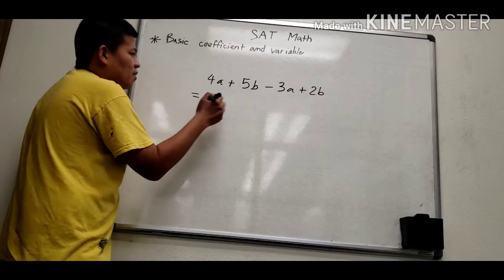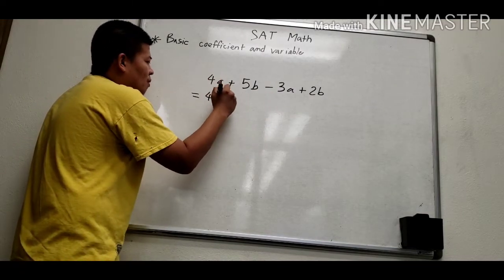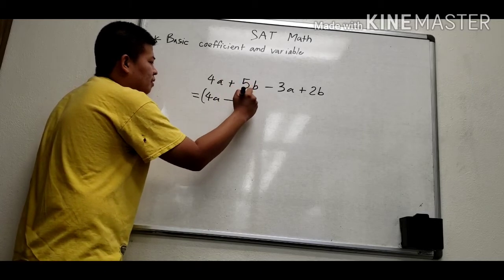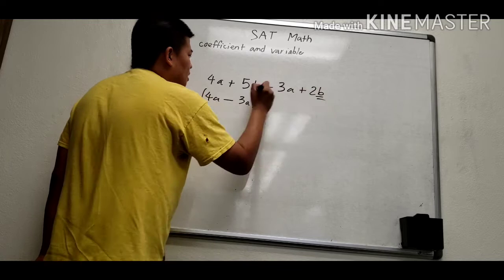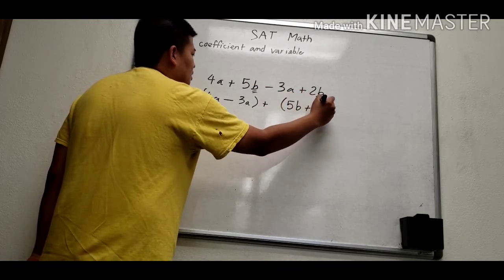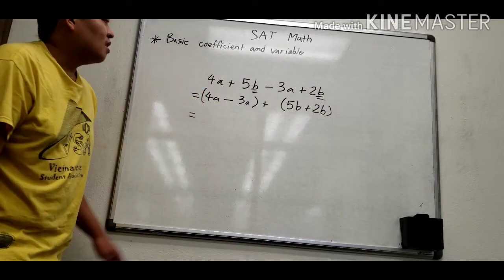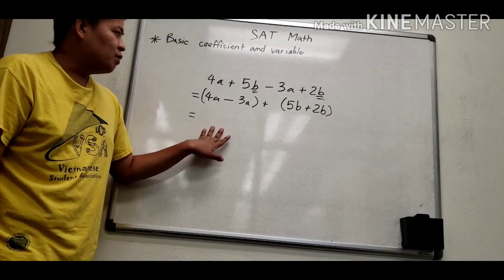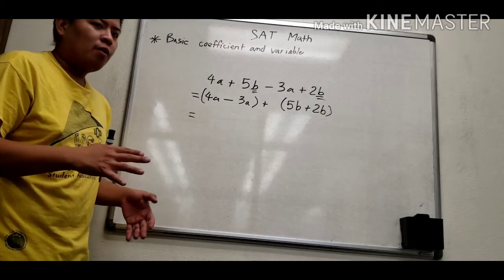If you see different kinds of variables here, you group all the a terms in one area and the b terms in the other area, so that you can add or subtract the same kind of variables.